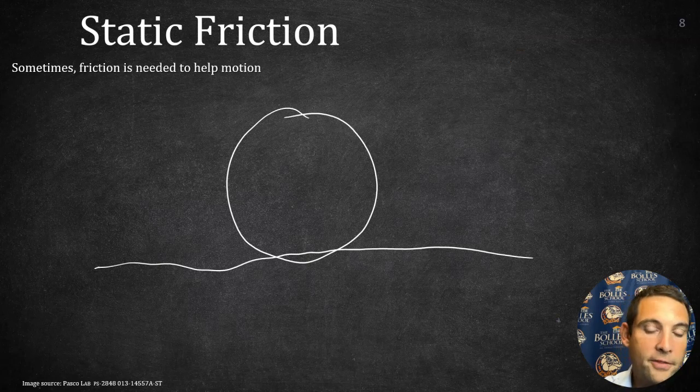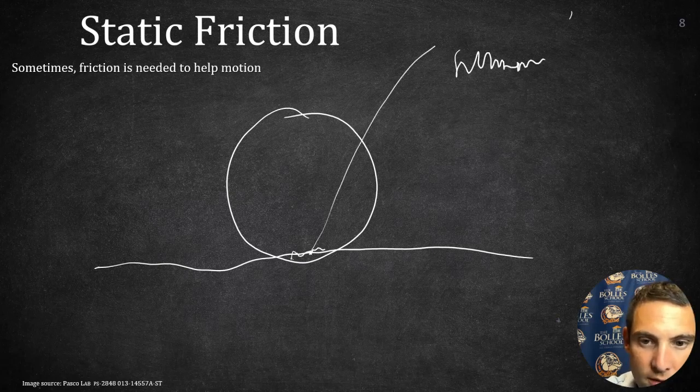Let's say we have a wheel on ice, like that's part of a car. If the ice is frictionless, then that car is never going to go anywhere. So instead, there has to be a frictional force between the tire and the ice. And if you think about this microscopically, all surfaces have these ridges to them if you were to zoom in on it.